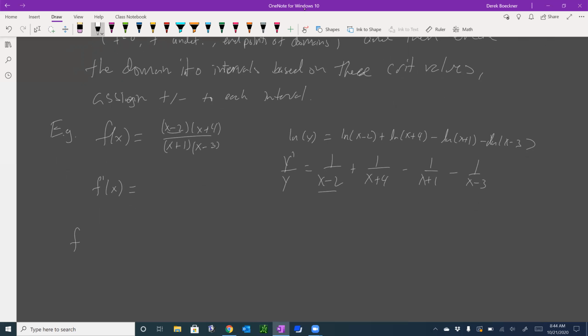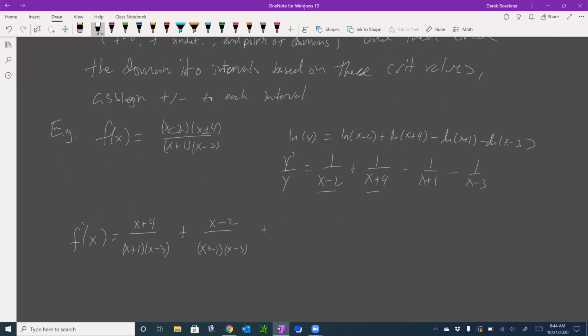So I'm going to write this down here. I get an x plus 4 over x plus 1, x minus 3, plus the x plus 4 here and here cancel. So I get an x minus 2 over x plus 1, x minus 3. Okay.